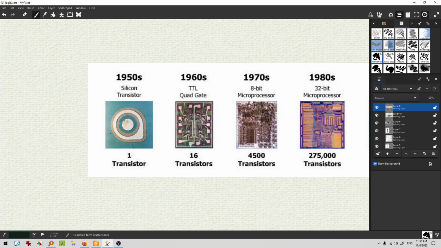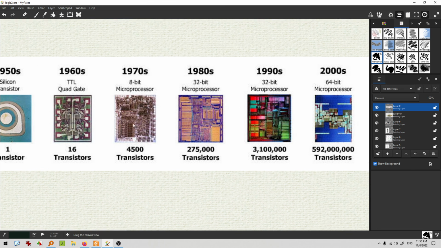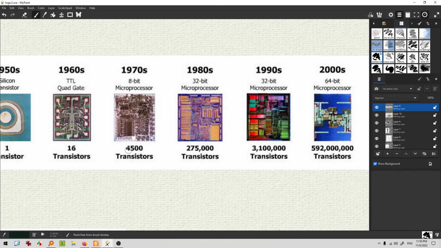That was one transistor in 1950, a microscopic one. In the 1960s, we created the TTL quad gate transistors, and the microchip had up to 16 transistors in it. In the 70s, we started making 4,800 transistors.